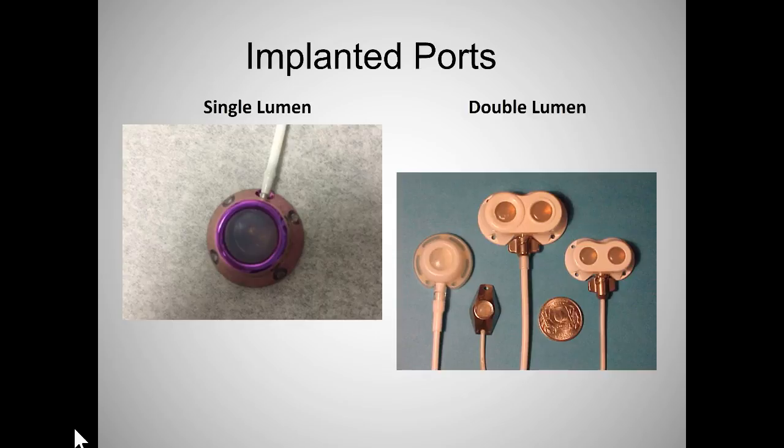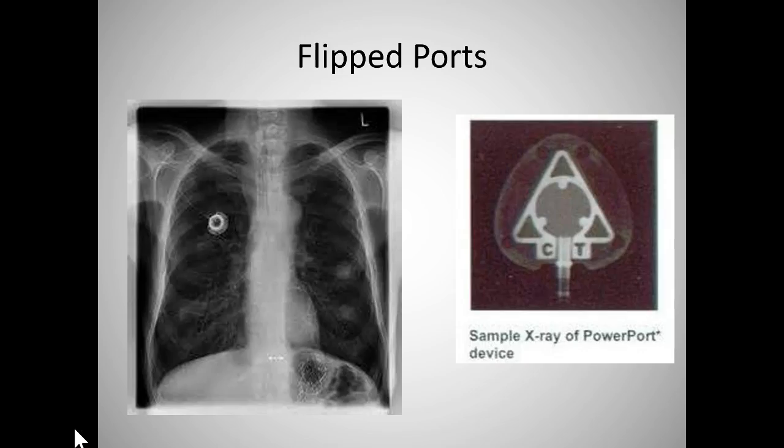And you can see that they're not very big compared to that quarter. Another complication of ports is when they actually flip and then you cannot access them. You can tell by an x-ray, you'll see the C and the T on the back side of the port, and that means it's flipped and it's not accessible.